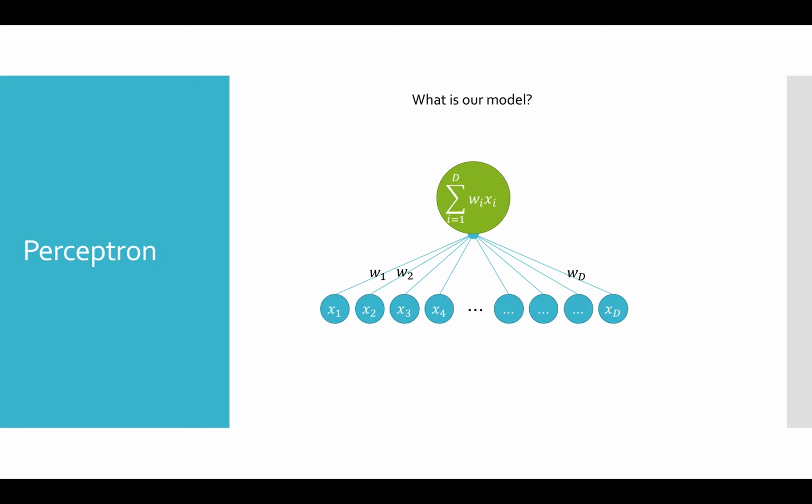And this neuron is going to sum these individual weights times these individual features, okay? This makes up our model. We have features, we have weights, and we have finally this activation, which is going to be this sum inside of the green neuron.